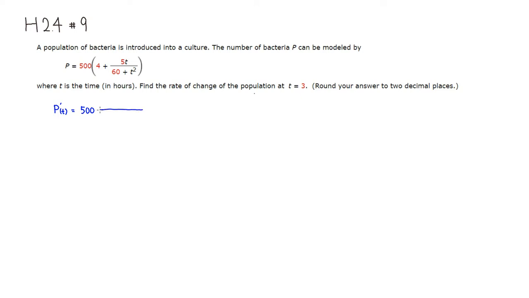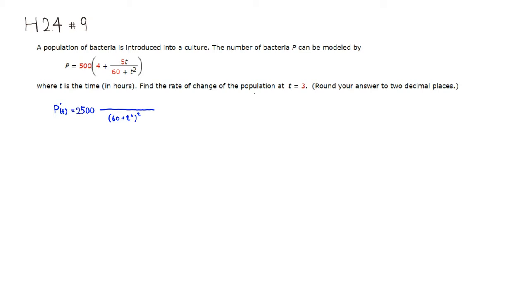We're going to square the denominator, so you have 60 plus t squared. And actually, I'm going to leave the 5 outside too, so I'm going to put times 5 here. Actually, instead of doing that, can I just multiply 5 and 500? So it's 2500.